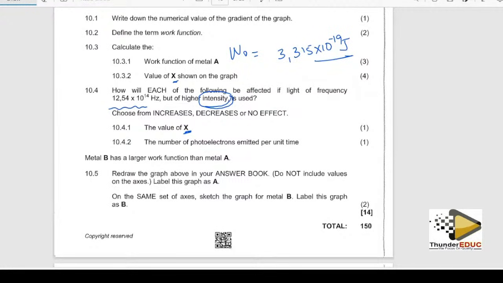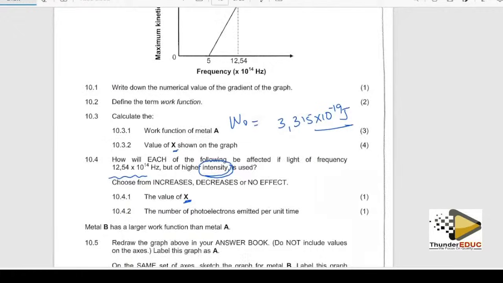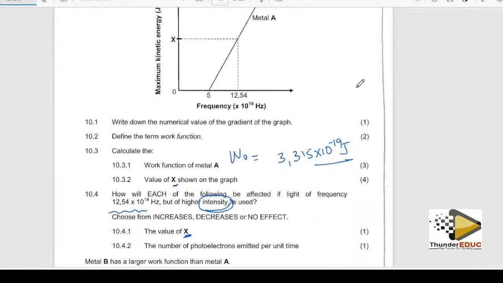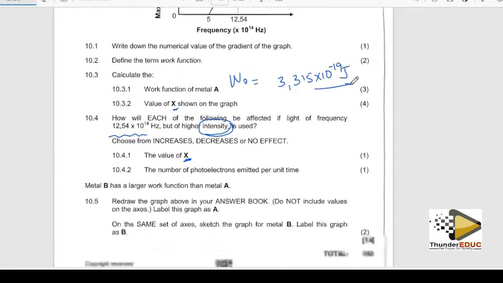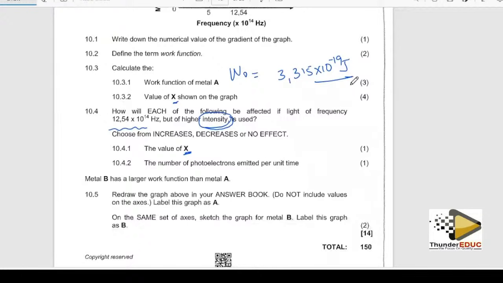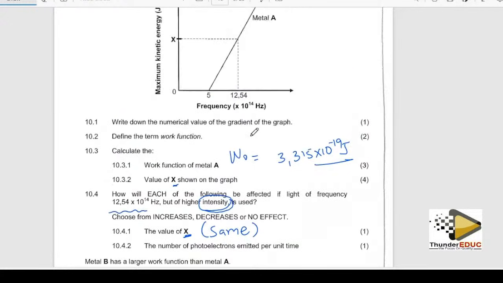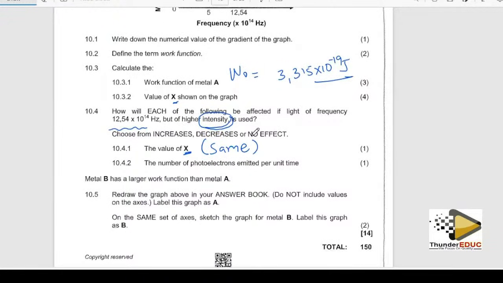One thing we need to know is that among the factors that influence kinetic energy, intensity is not one of them, okay? So in this case, the kinetic energy is going to be the same. Kinetic energy is not affected by the intensity of the light.